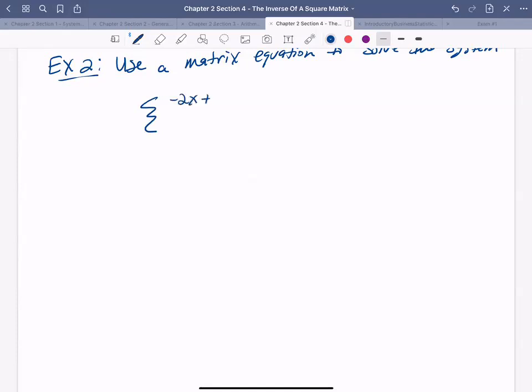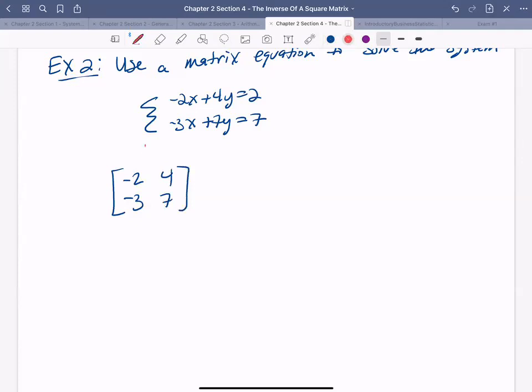Negative 2x plus 4y equal to 2. Negative 3x plus 7y equal to 7. This should look familiar because it's really the problem that we did earlier. I just didn't write it like that. Okay, so example 1, we found the inverse of negative 2, negative 3, 4, and 7.